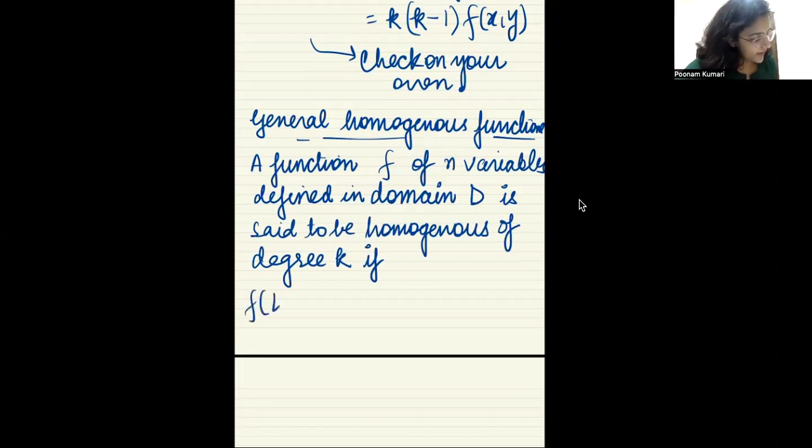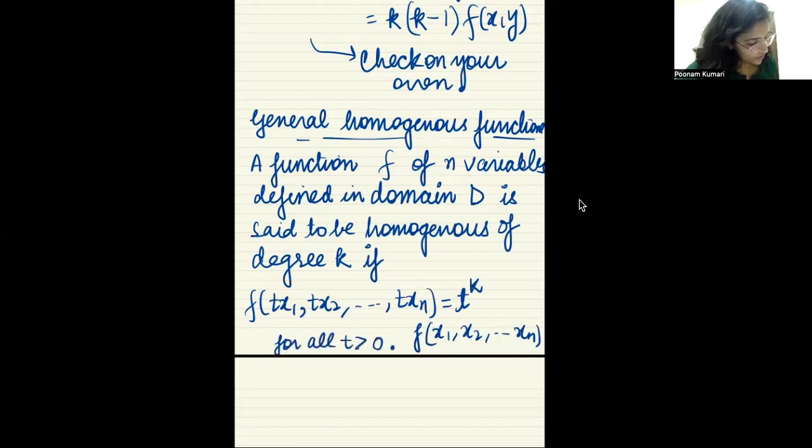So if you multiply each of the variables with t, you get t to the power k times the function f(x1, x2, up to xn). And this holds for all t greater than 0.